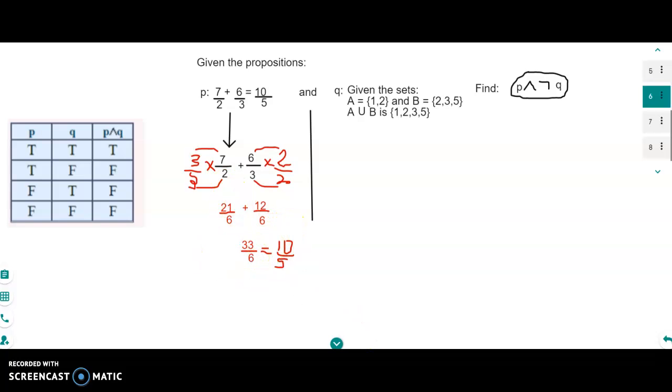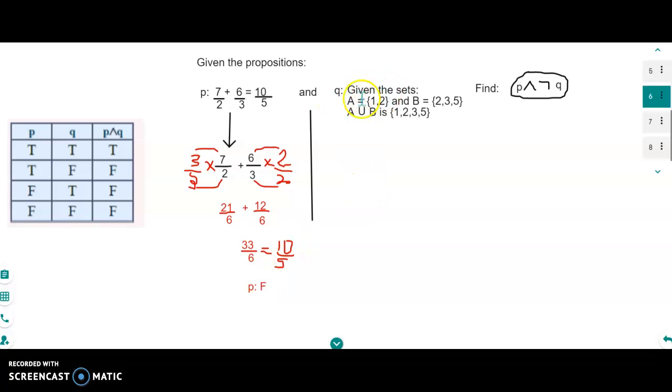So what will be the result for this proposition? Is it true or false? 33 over 6 is completely different to 10 over 5. So the proposition P is false. We already have the truth value for P.